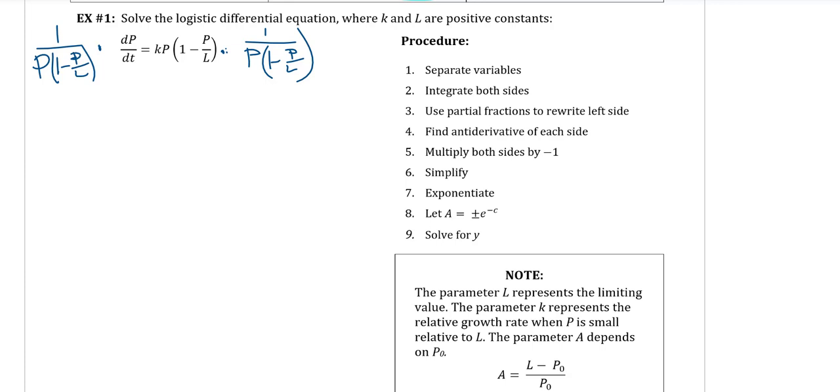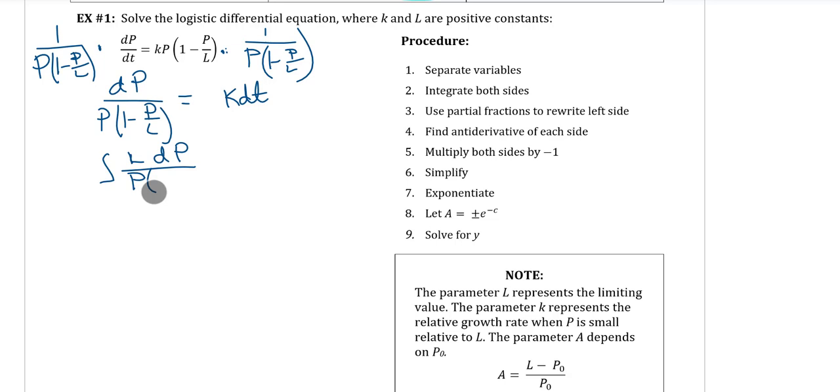I'm going to get dp over p times 1 minus p over L, and I'm going to get k dt here. Now I'm going to rewrite that fraction so it looks like this. So I am going to have the integral of L dp over p times L minus p.